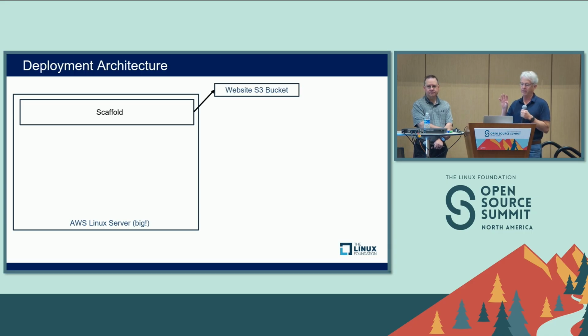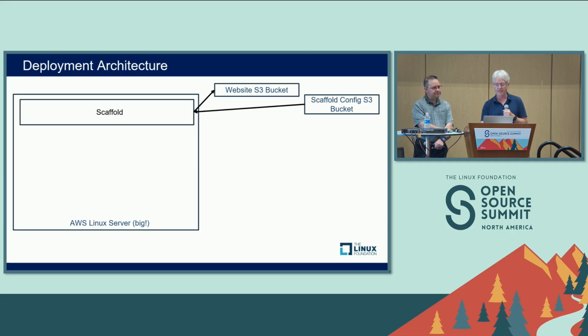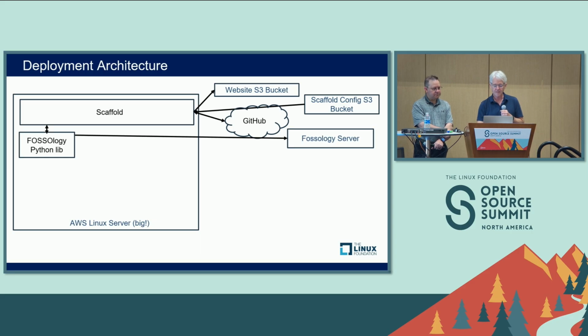The website that Scaffold publishes the reports to is in an S3 bucket. The configuration file, we put that external too so that we could edit it without having to go onto the server. And then GitHub is a very important thing because a lot of the projects are hosted on GitHub. So we pull the source files down from GitHub using Scaffold, and then we push the SPDX files back up as part of that.